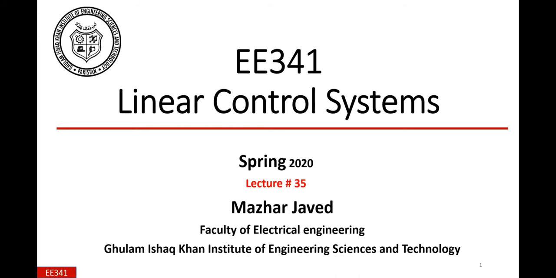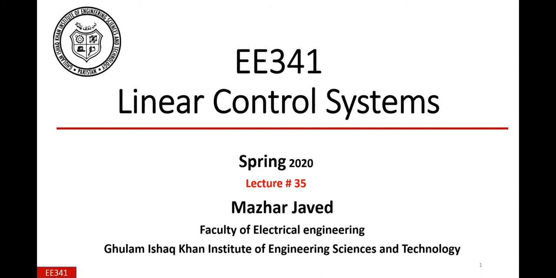EE-341 linear control systems. Up to now, we covered the root locus and rules of the root locus, and we also defined some additional points related to breakaway and break-in points, and how to find the gain when the point is given.